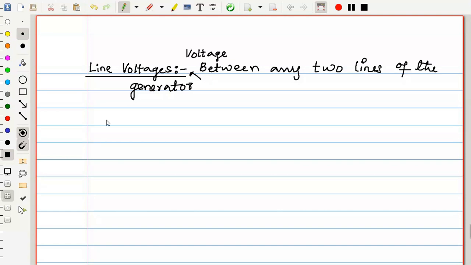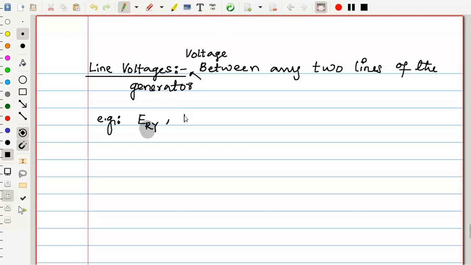For example, between R and Y, we could represent it as E suffix R Y. What it means, try to understand carefully, is that R is positive with respect to Y. That should be very clear to you. Whichever we write first in the suffix is at the arrowhead, the other is non-arrowhead. Arrowhead is equivalent to positive, non-arrowhead is equivalent to negative.